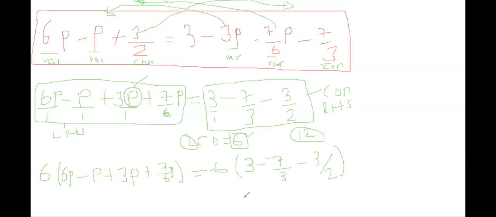So if you look at it, 6 times 6p will give you 36p. 6 times minus p will give you minus 6p. 6 times plus 3p will give you 18p. 6 times plus 7p over 6 will give you 7p.